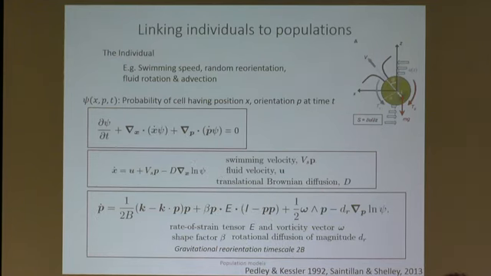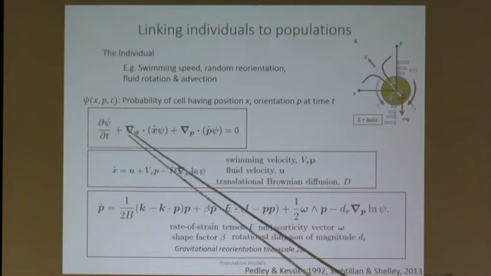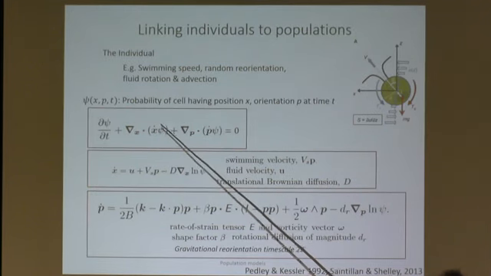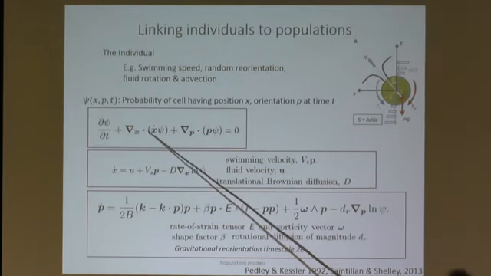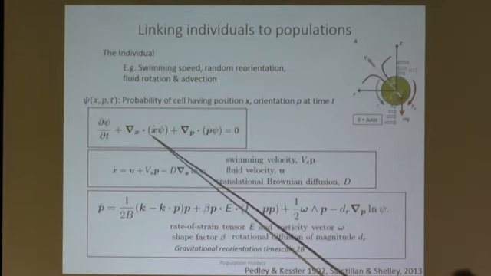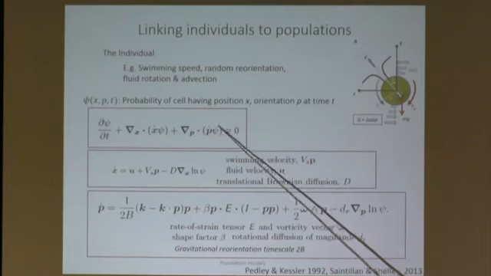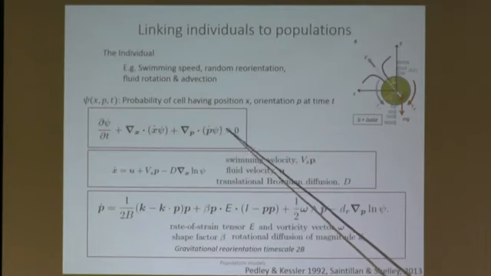I'm assuming in this model that we're looking on timescales short compared to cell death and cell growth. So this probability changes with time because of spatial translation and changes in orientation.